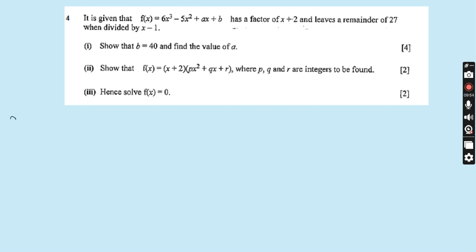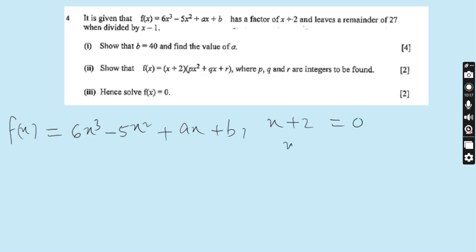So given that f(x) equals 6x cube minus 5x square plus ax plus b. According to the question, this has a factor of x plus 2, so f is 0 when x equals negative 2.